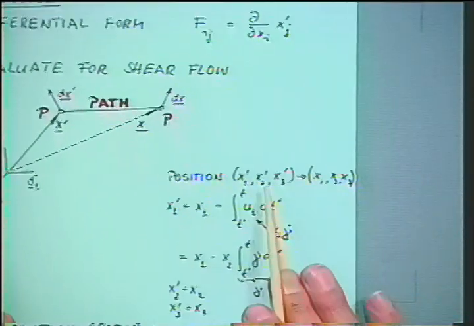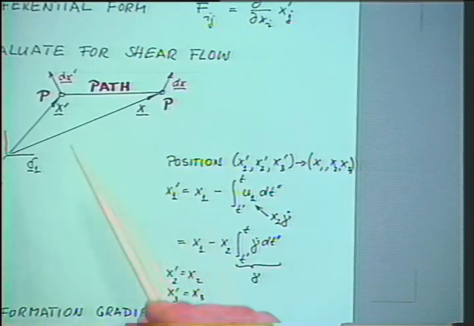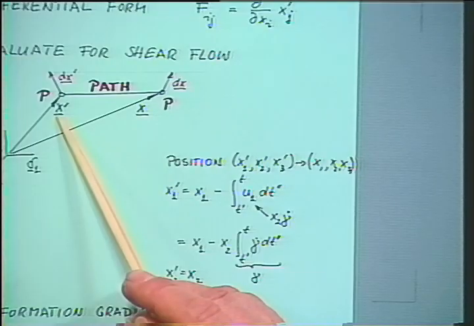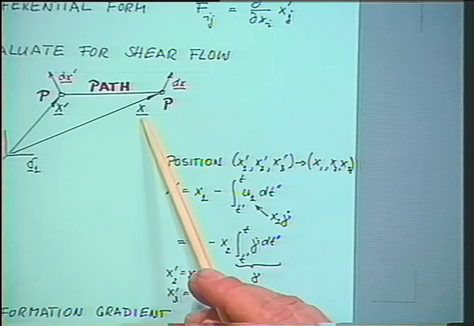For shear flow, we can express the vector x prime in terms of the position vector x, because we know the kinematics.